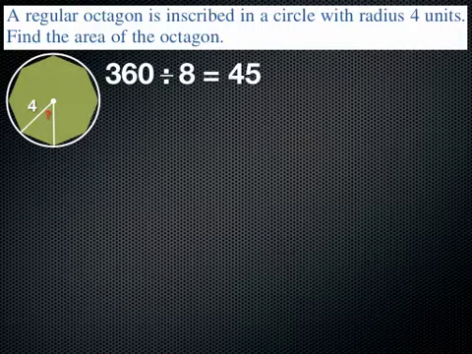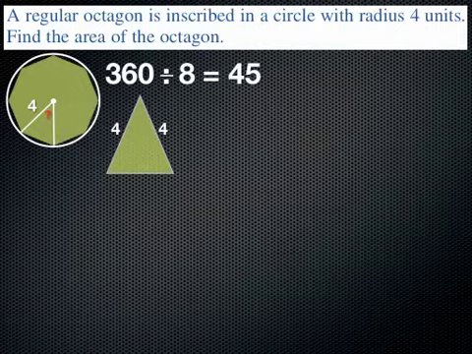Now, when I am using this theorem, it's going to be helpful to draw a picture of just the triangle and what you know. So I'm going to pull out this triangle. Notice that I've labeled my 2 sides 4 because that would be the radius, which they tell me is 4. I need to find the apothem to plug into my theorem.